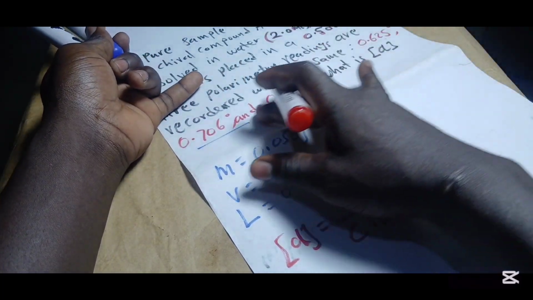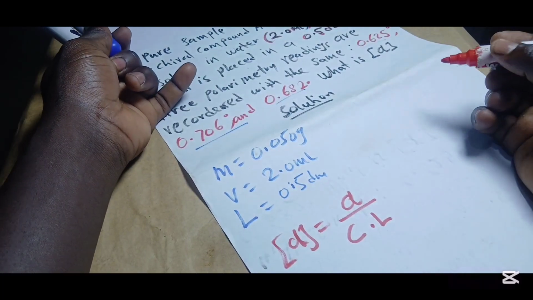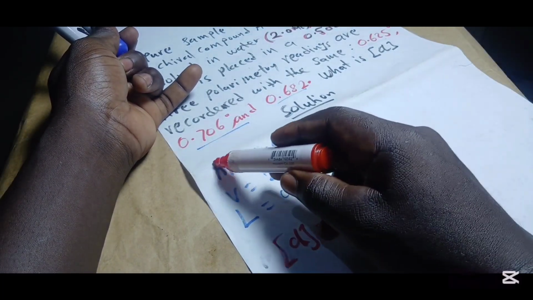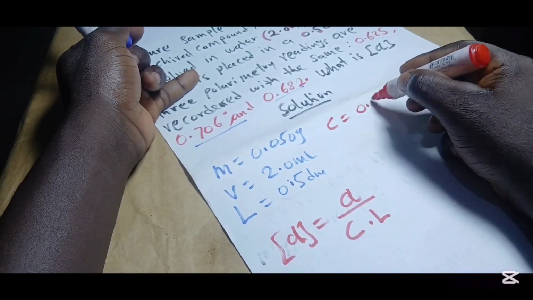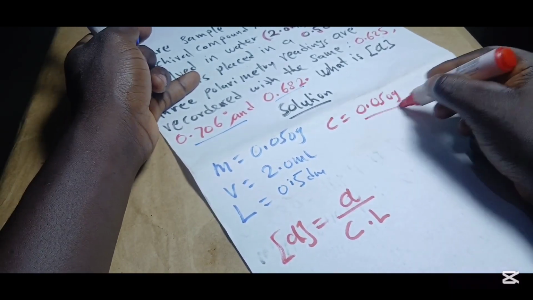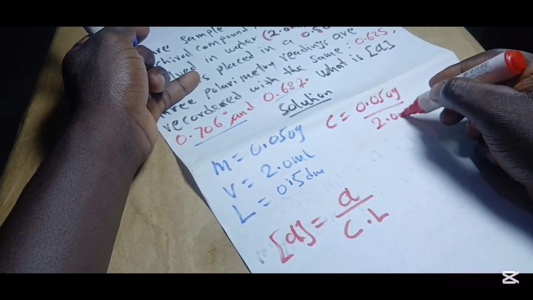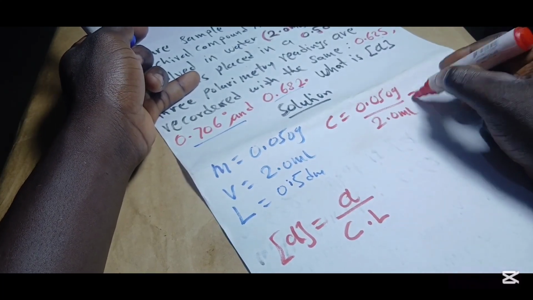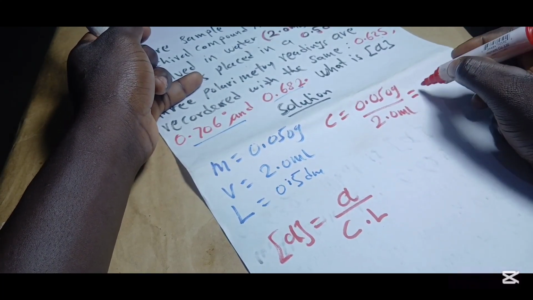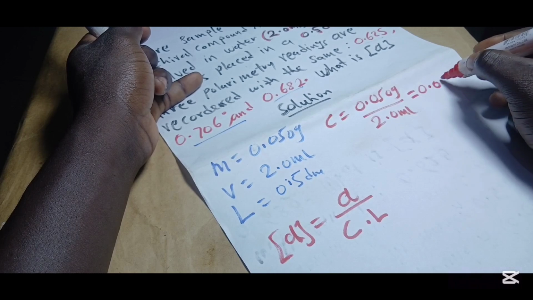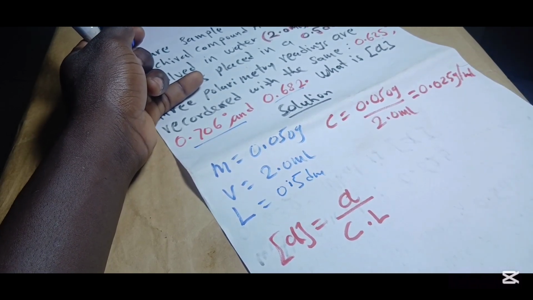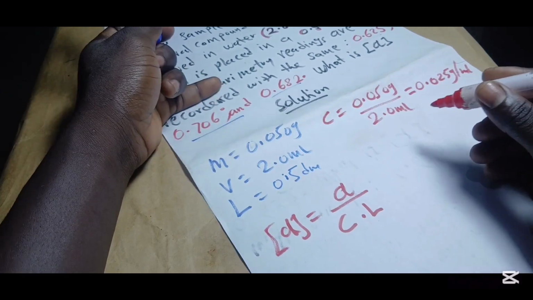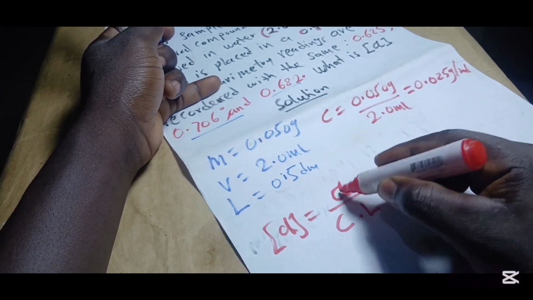Now we have 3 observed rotations. We can calculate the concentration using mass and volume. Concentration equals mass, which is 0.050 grams, over 2.0 ml. This is going to give us 0.025 grams per ml. So we now have our concentration, but we don't have our observed rotation.